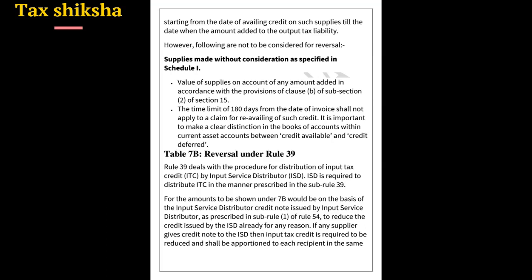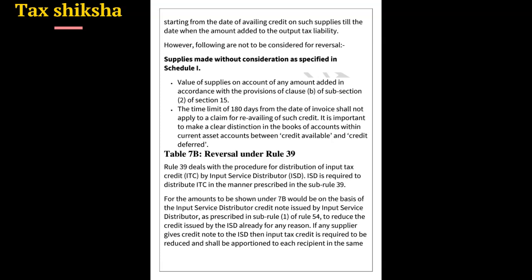If any supplier gives a credit note to the ISD, then input tax credit is required to be reduced and shall be apportioned to each recipient in the same ratio in which the input tax credit contained in the original invoice was distributed in terms of Clause D. The ledger of ISD is required to be matched for verification of reversal on account of credit notes issued by ISD. Table 7C. As per Rule 42, reversal of input tax credit for inputs and input services.